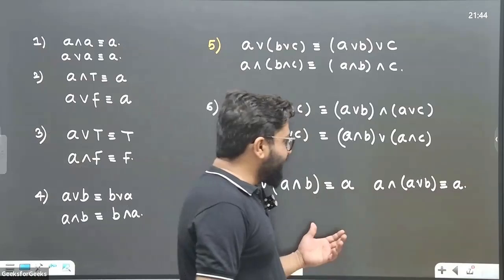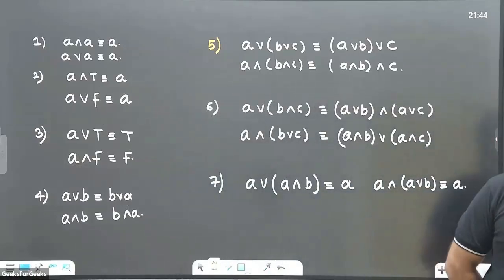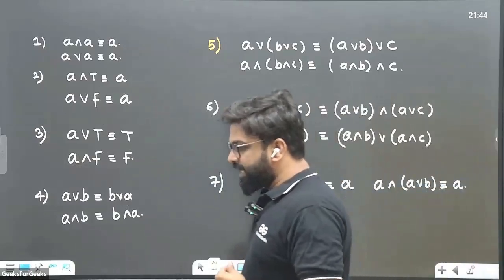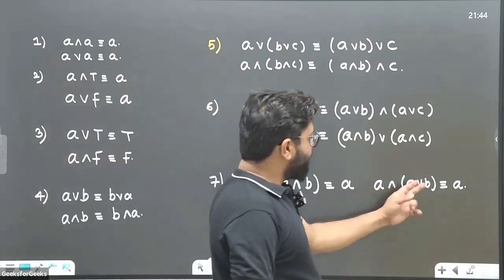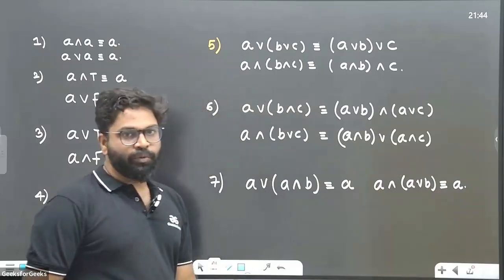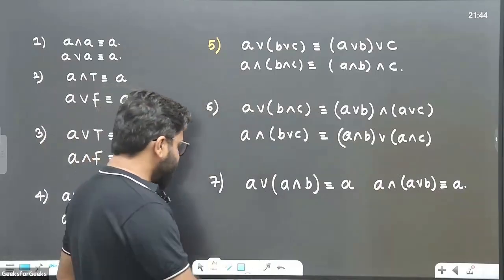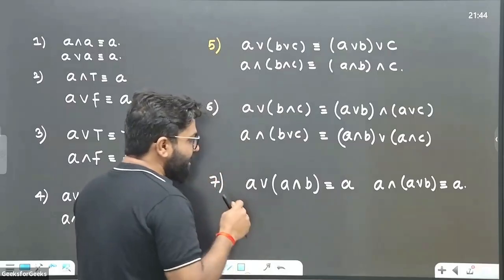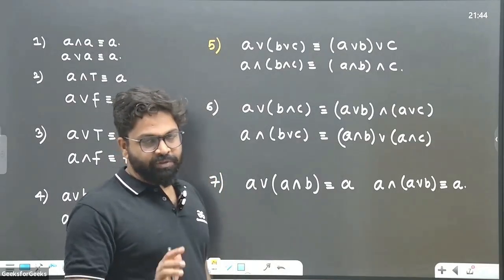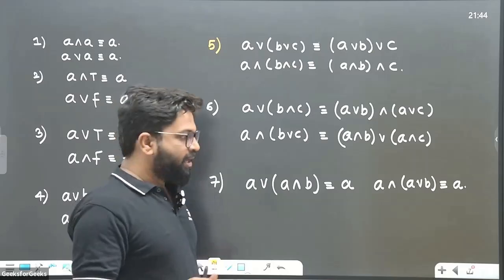Let's find out how we get this, where A or (A and B) is logically equivalent to A, and A and (A or B) is logically equivalent to A. Let's try to understand how to identify the absorption law, because it is very important.